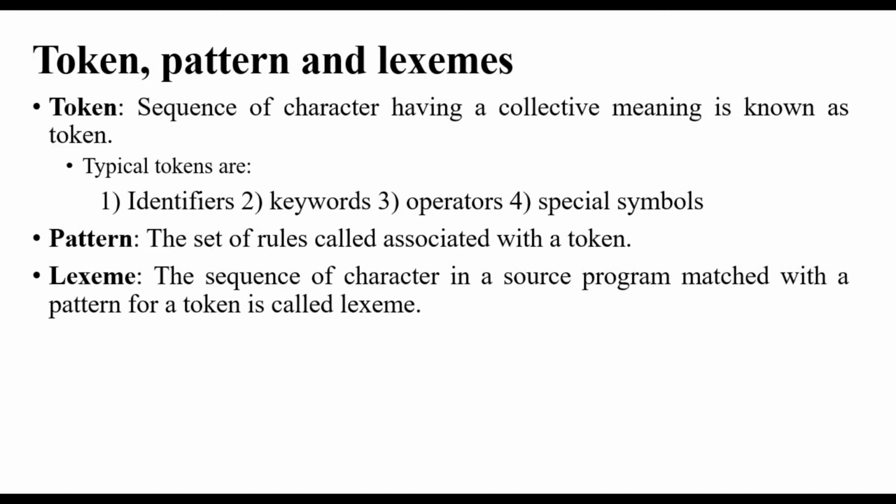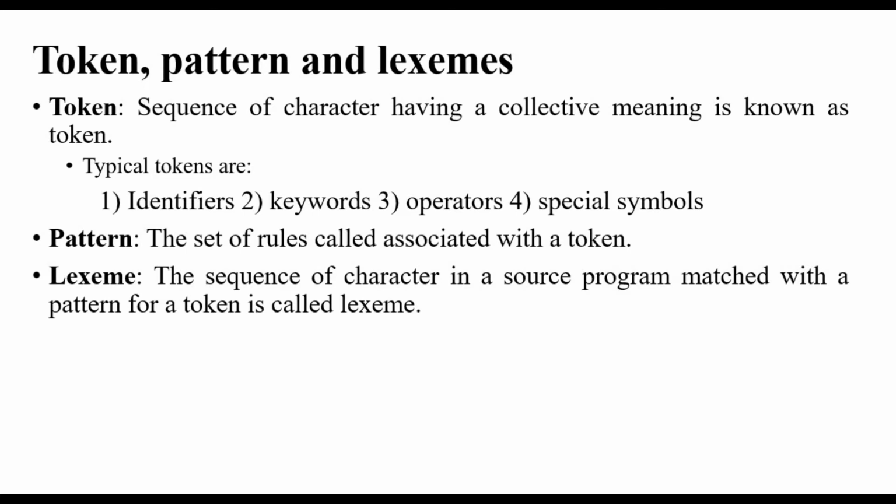Then what is a pattern? It is the set of rules associated with a token. In the case of a keyword as a token, the pattern is just the sequence of characters that form the keyword. For identifiers, it is a more complex structure to describe the pattern.